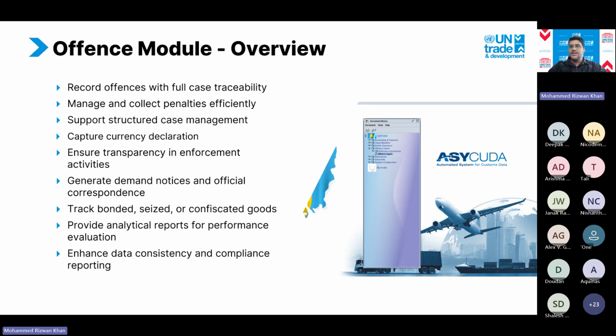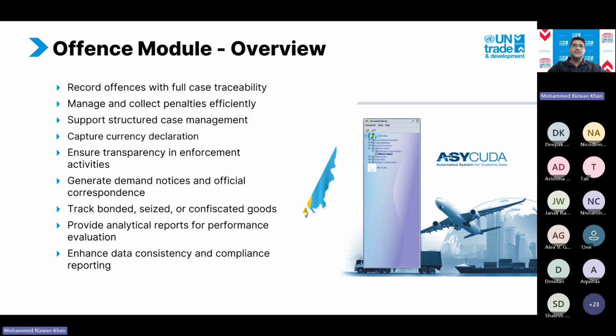It also integrates with other core modules such as the declaration and the manifest. If there is an offense committed related to a customs declaration, for example a misclassification or incorrect tariff, you can link that SID to the offense module and state what was declared and what actually needed to be declared. It also links to the manifest.